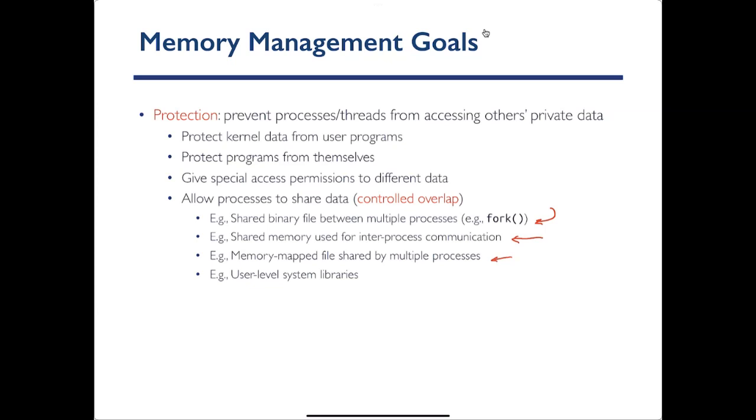Another option you have to read and write from files is through memory mapping. There are certain system calls that you can use that would map a file to a region of memory. Once the mapping is done, you can just use load and store instructions to read and write to and from that memory region. Doing this is as if you're reading and writing to and from that file.